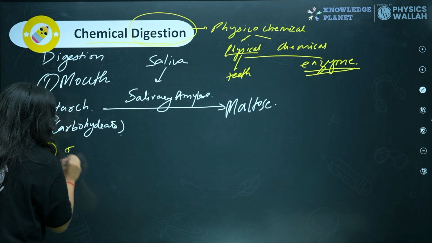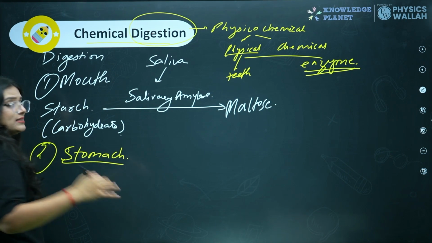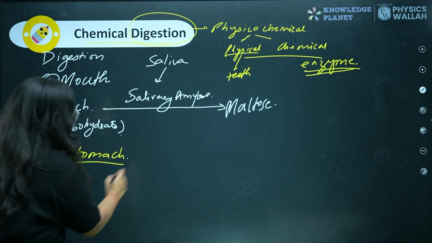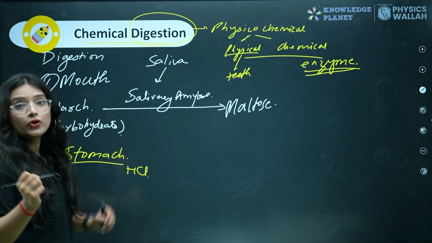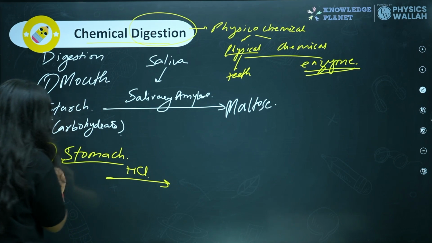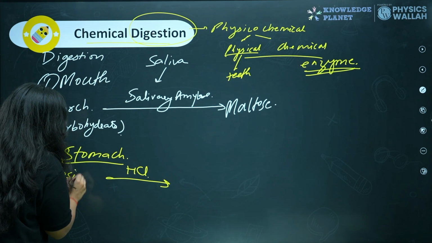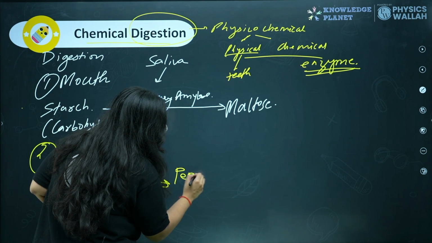So let's take the food to the stomach. Now the stomach releases certain substances, right? For example, first it releases very concentrated hydrochloric acid to make the environment acidic so that it can activate pepsinogen into pepsin.